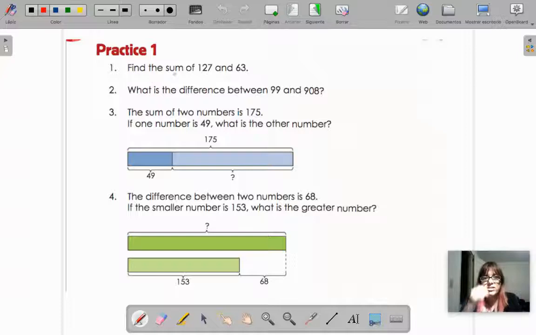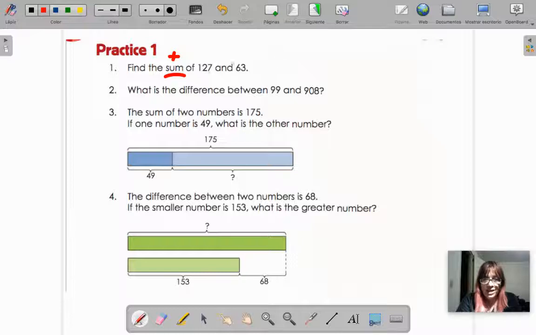Find the sum of 127 and 63. What do you do when it says the sum? Excellent. The ones that said plus, you are good. So remember, like I told you yesterday, it's hard even for me to do it in my head like this.